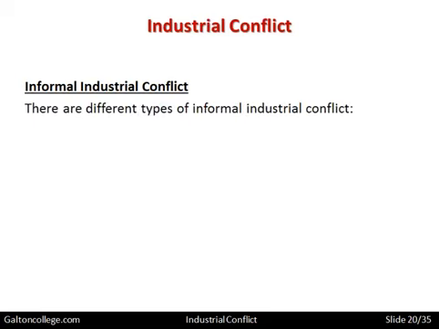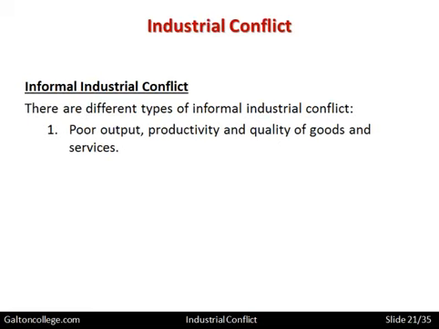Informal industrial conflict. Well, there are different types of informal industrial conflict. Poor output, productivity, quality of goods and services. These, as I said, may be intentional or unintentional. But it's informal. It's not organized. It just happens because the workers are not happy.